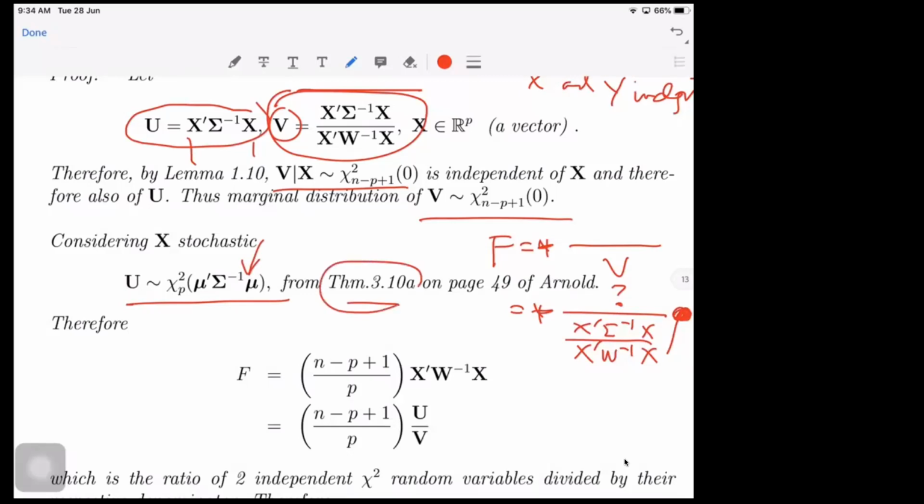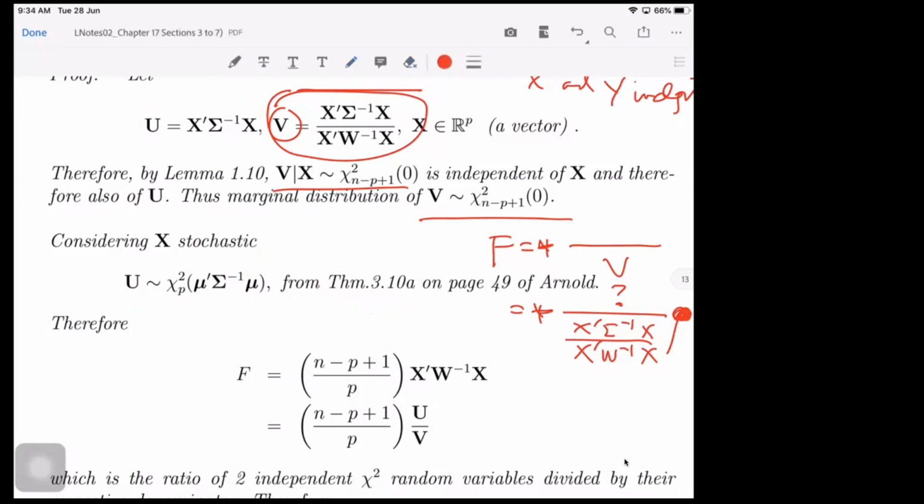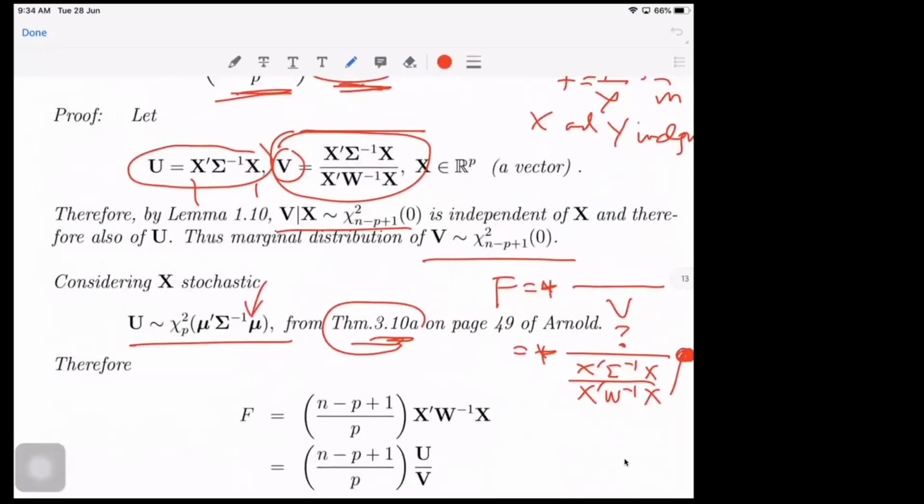You can see that in theorem 3.10a, which tells you that if Y is normal with mean mu and covariance sigma, then Y prime sigma inverse Y is chi-square with non-centrality parameter mu prime sigma inverse mu.